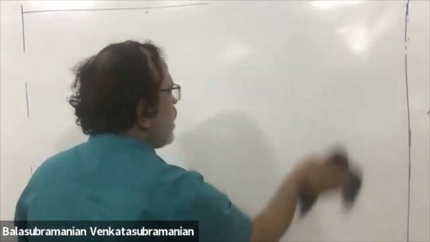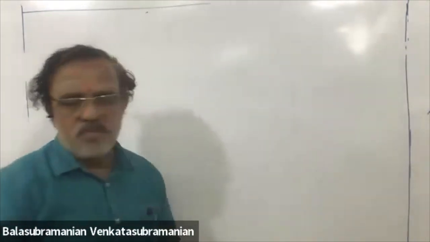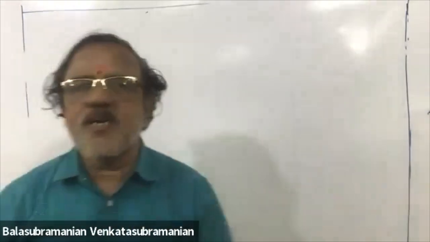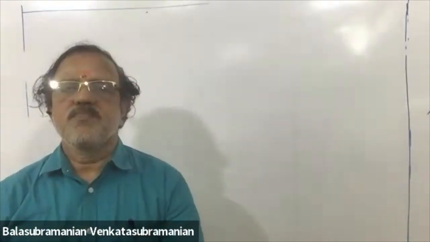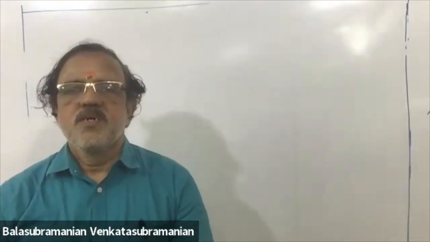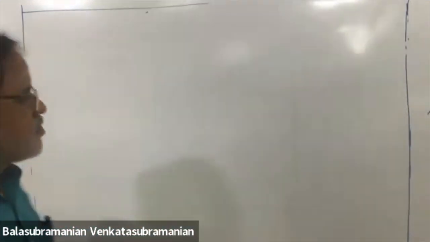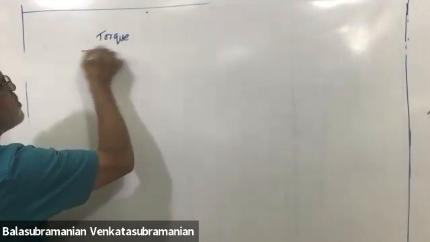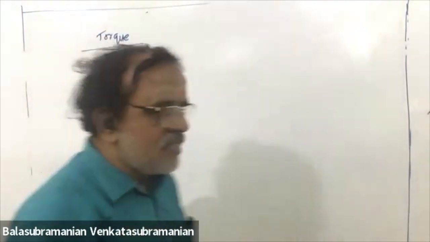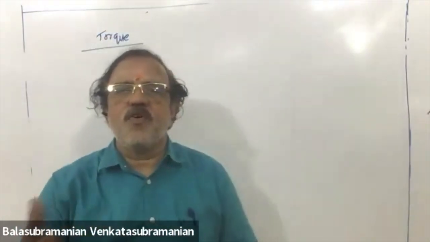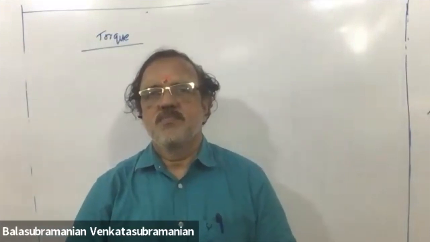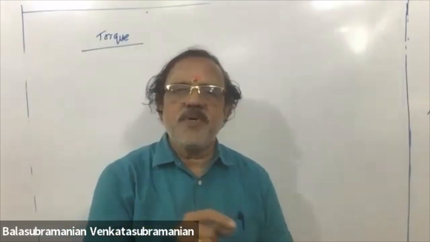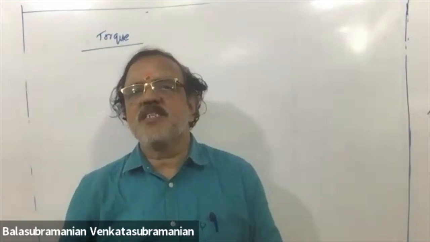We have a relation of torque and moment of inertia. What is torque? Strictly speaking, torque is nothing but rotating force. Moment of a couple is nothing but a torque.